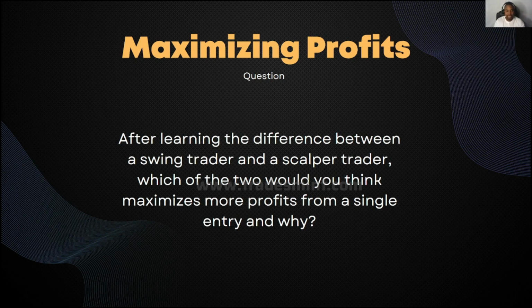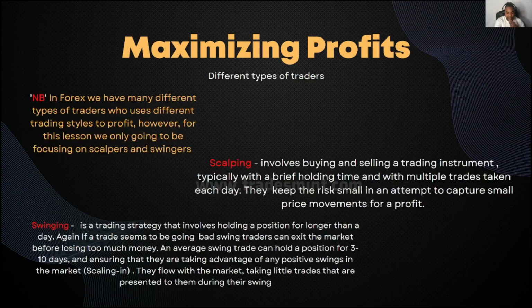The question is: after learning the difference between a swing trader and a scalper, which of the two do you think maximizes more profit from a single entry, and why? A swing trader holds a position for 3 to 5 days and can always exit the trade, while a scalper holds trades briefly and takes a lot of trades.